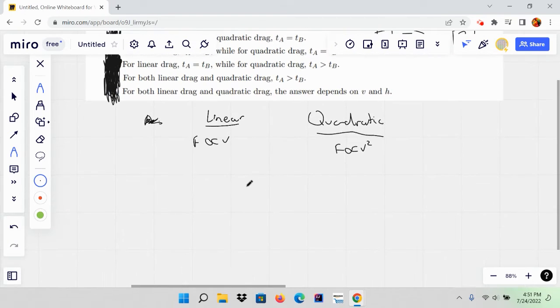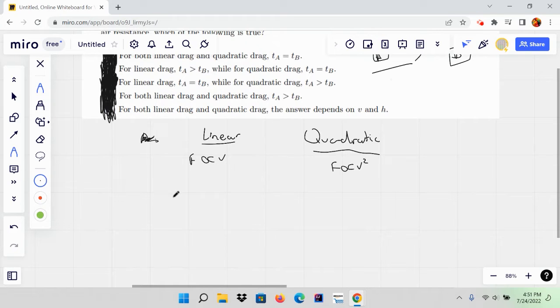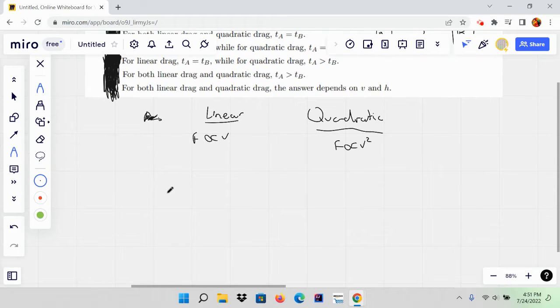So let's first take a look at the linear case. Let's actually start with block A. Let's draw our diagram, and let's say in some path of its motion, the block is right here, okay? And it's proportional to velocity, so your drag force is going to be acting behind.